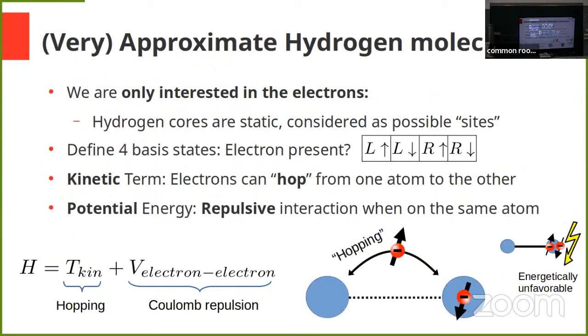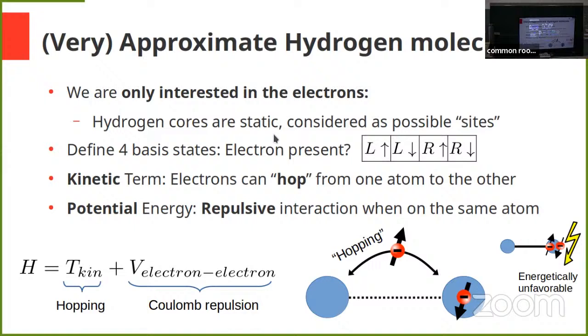Okay, let's come to the physics part. So the system I want to investigate is essentially the two-site simplified hydrogen problem. It's a very approximate form, which means we are only interested in the dynamics of the electrons. We keep the cores fixed. They don't enter our Hamiltonian. It's just a static background in the sense that the electrons can be on two sites, on the left atom or on the right atom.